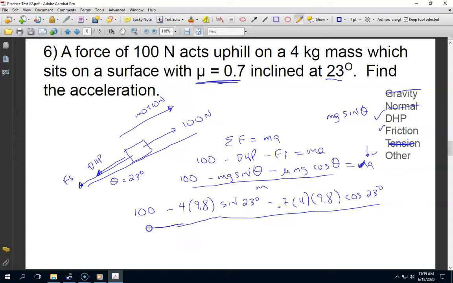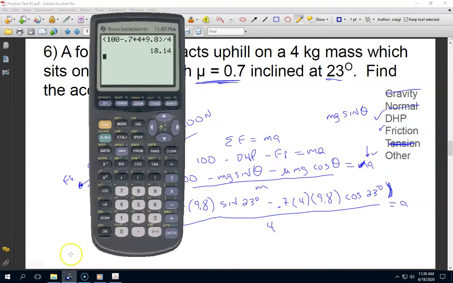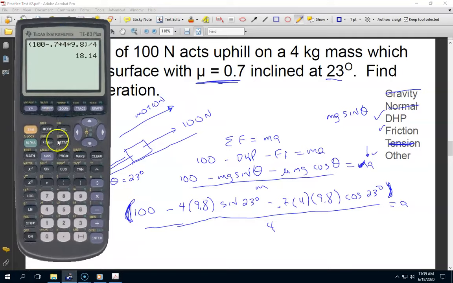Divide that whole mess there by 4. That equals a. Again, when you put this in your calculator, make sure that all of this happens before the 4, before you divide by that 4. I can't even see it all. There it is. Okay, so I'm going to put that opening parenthesis 100 minus 4 times 9.8 sine 23.